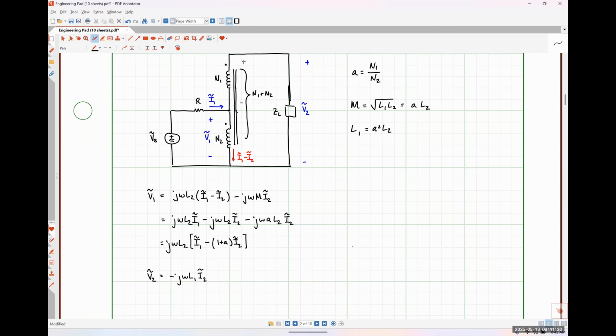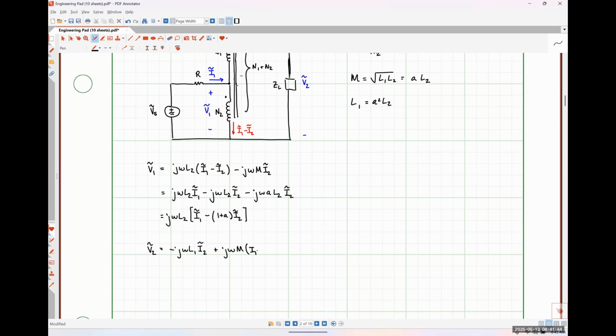Then my mutual term is going to have a plus sign because we defined this positive polarity terminal at the dot, so that'll be plus j omega M. The current flowing into the dot of the coil that has N2 turns is once again I1 minus I2. And then lastly, we're going to add to that voltage V1.